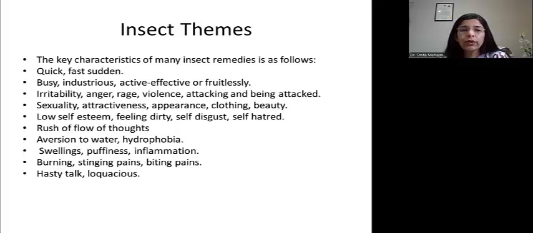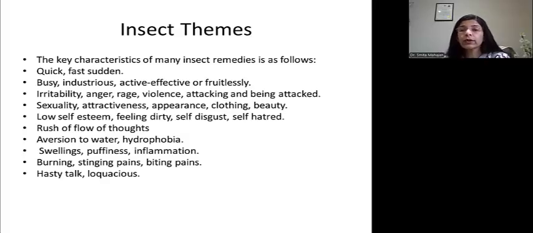Also, you will see more anger issues in insect themes. So irritability, anger, rage, violence, attacking and being attacked. You will also see sexuality and attractiveness. So there will be people who want to show their attractiveness, they want to attract, right?